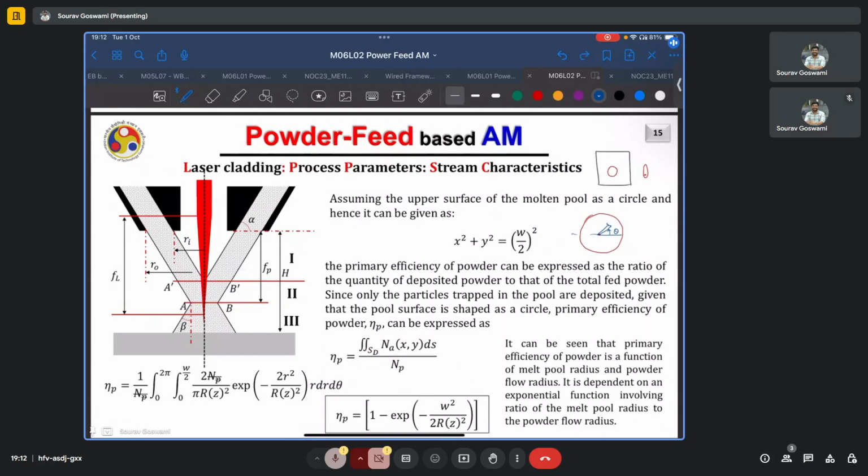Okay, maybe I can draw this a little bigger for easier visualization.